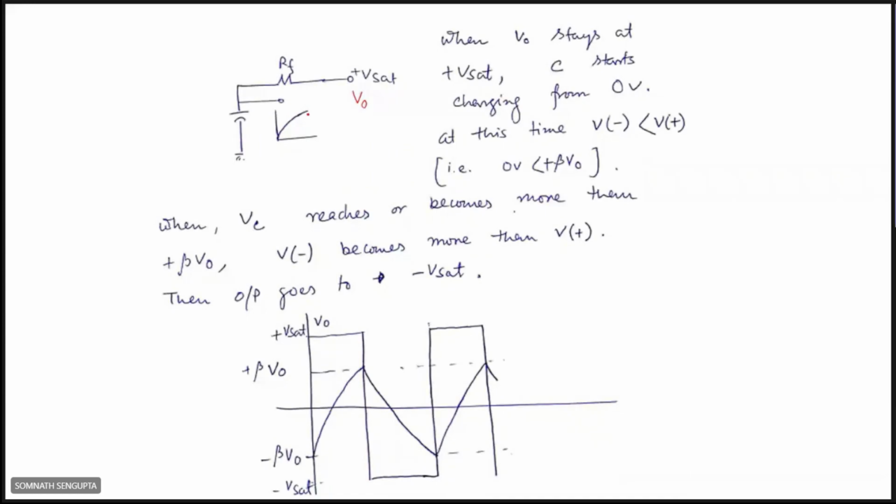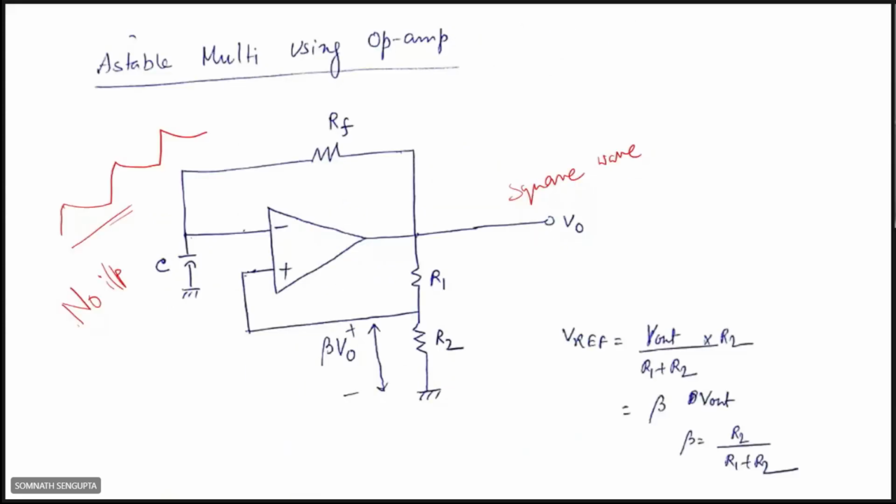You see in the diagram that plus Vsat is the output voltage. Here we get plus beta into Vsat, some positive voltage.